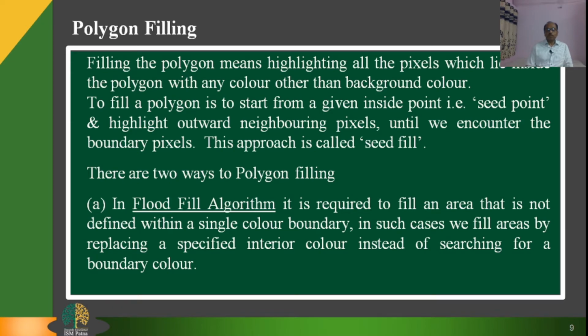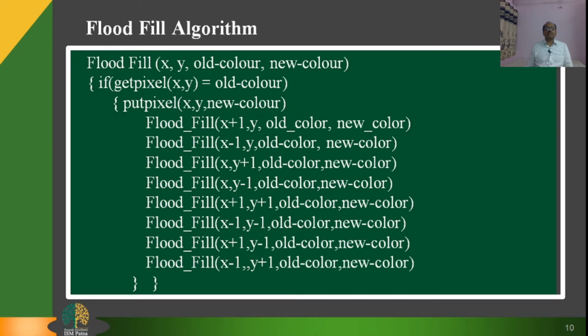We do this in such a manner that we write an algorithm which is appearing on the screen, and the function's name is flood fill. The x and y are coordinates, and the old color and new color.